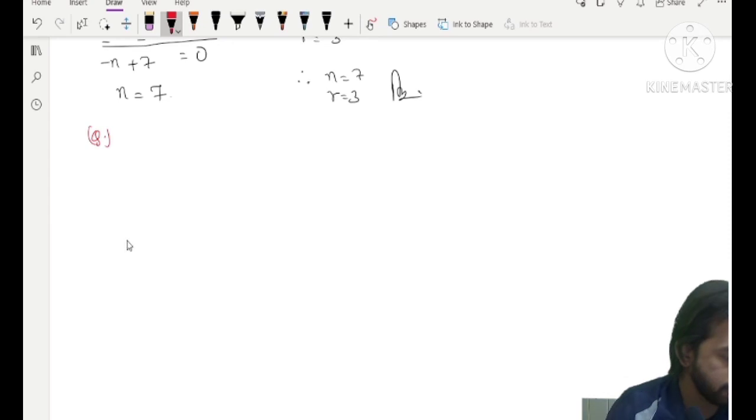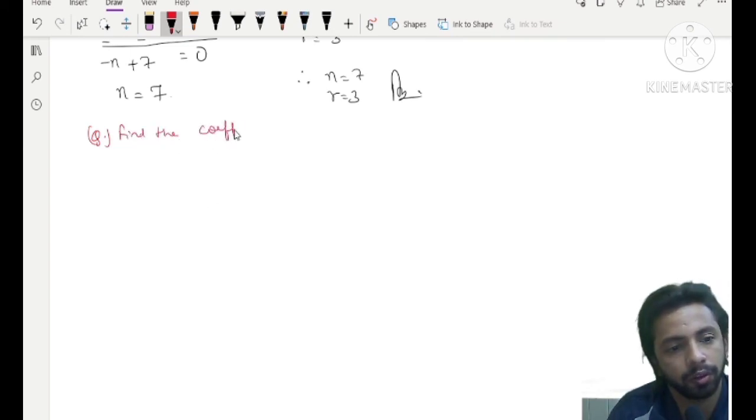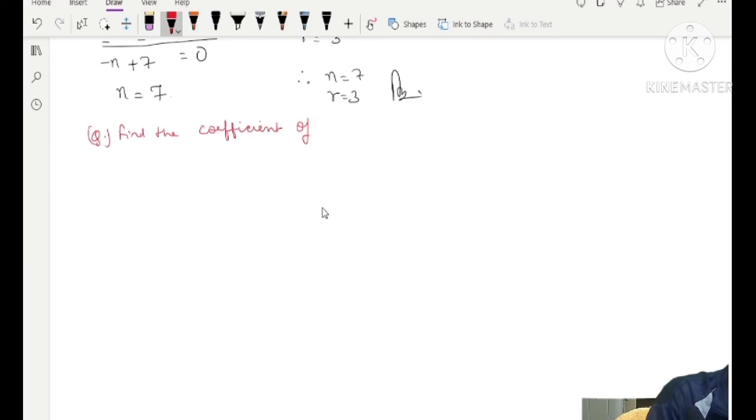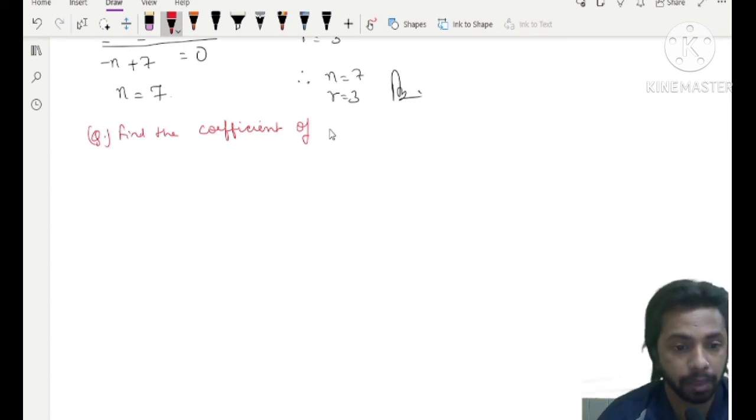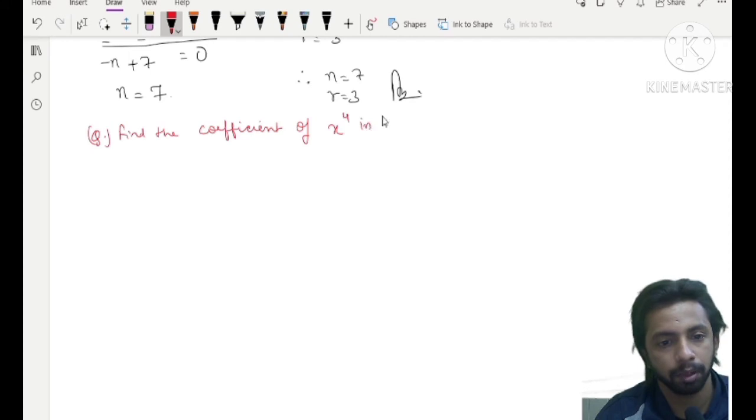Next question. Similarly, find the coefficient of x to the power 4 in the expansion.